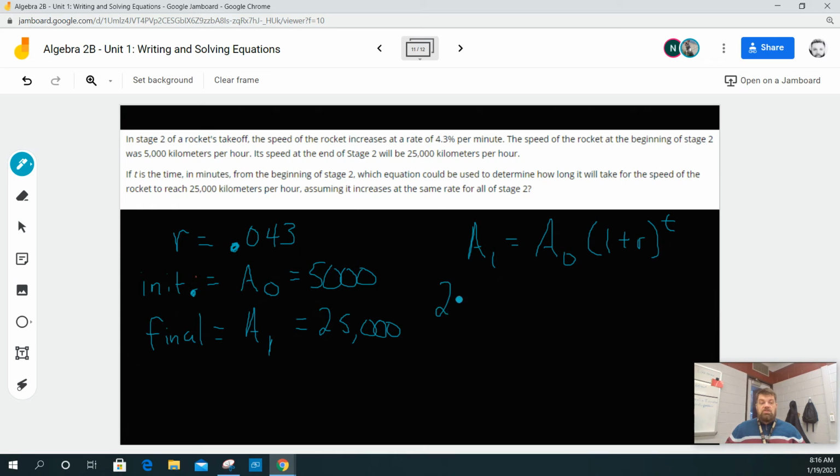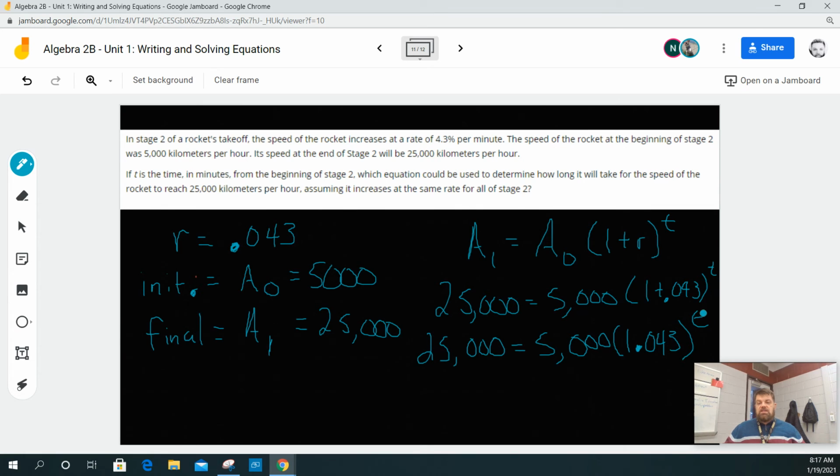So when we plug in the numbers, it would be 25,000 is equal to 5,000 times 1 plus 0.043 raised to the t, or if we add those terms together inside the parentheses, I get 25,000 is equal to 5,000 times the quantity 1.043 raised to the t.